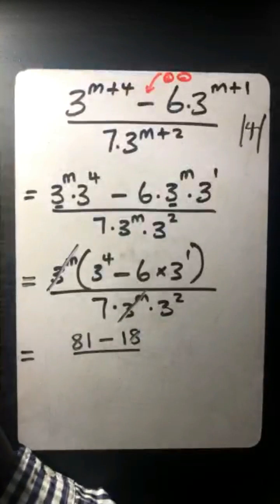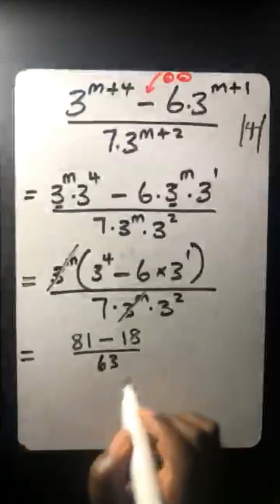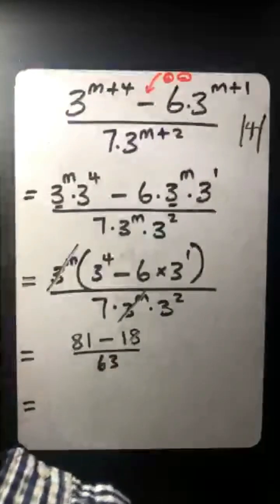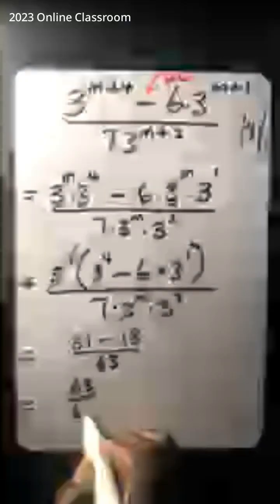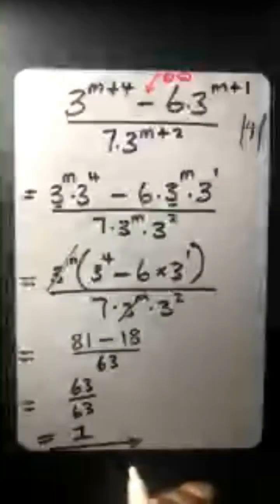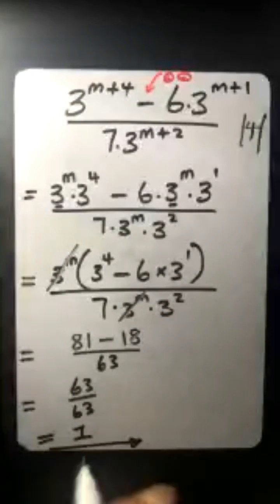Let's see, 7 multiplied by 9 equals 63. Now, 81 minus 18 is equal to 63. So that means I'm having 63 divided by 63. This is 1. So the answer to this question is 1.